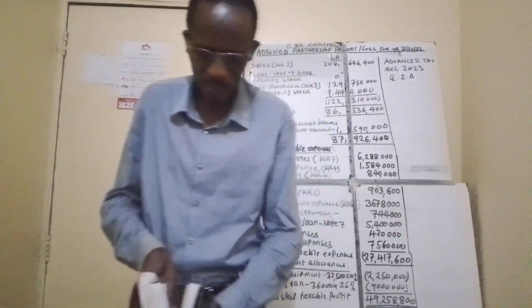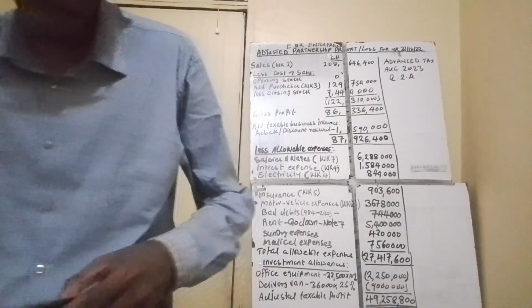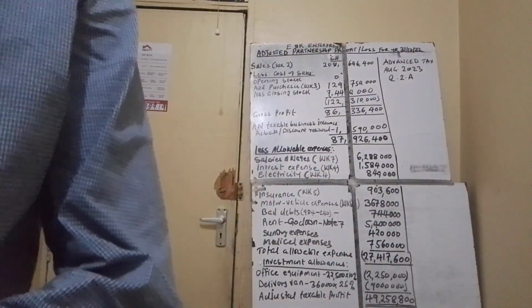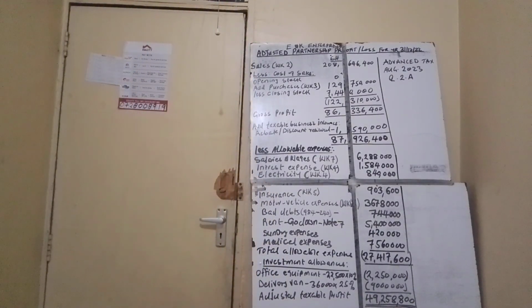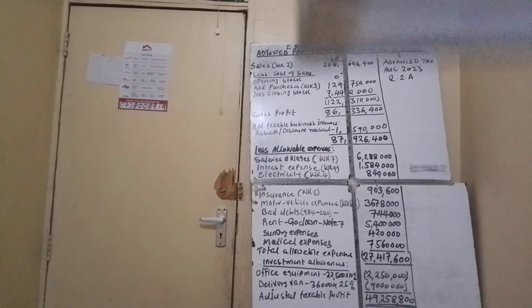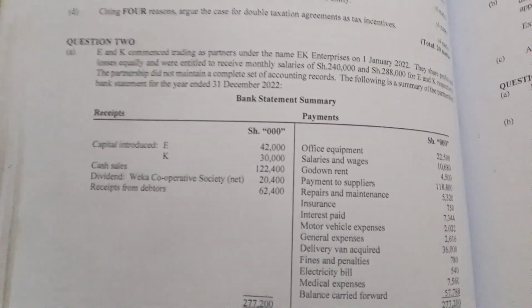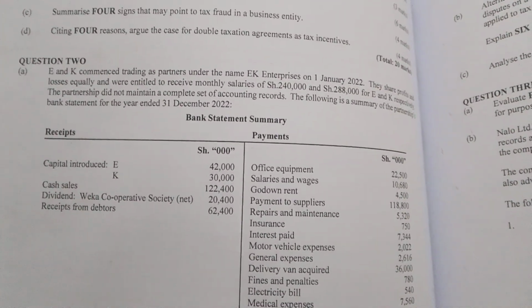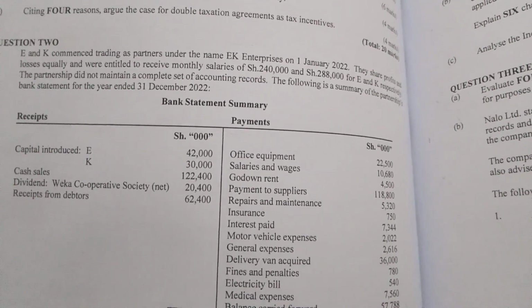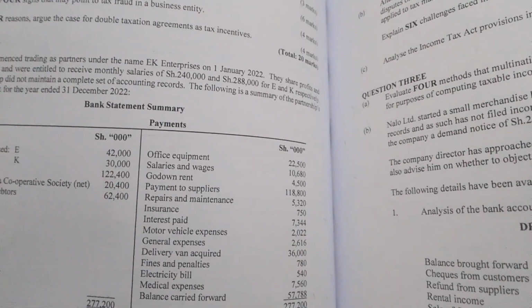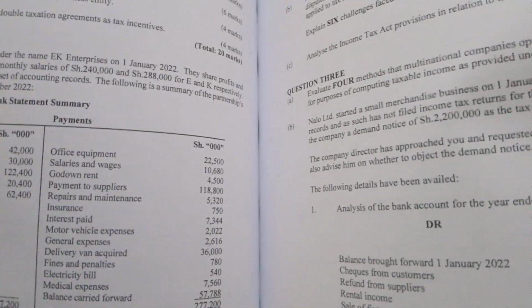Now, let's look at a question here. I believe you have your past papers. Now let's have that question in front of your camera, and you can see what you are told. E and K commenced trading as partners under the name EK Enterprises on 1st January 2022.